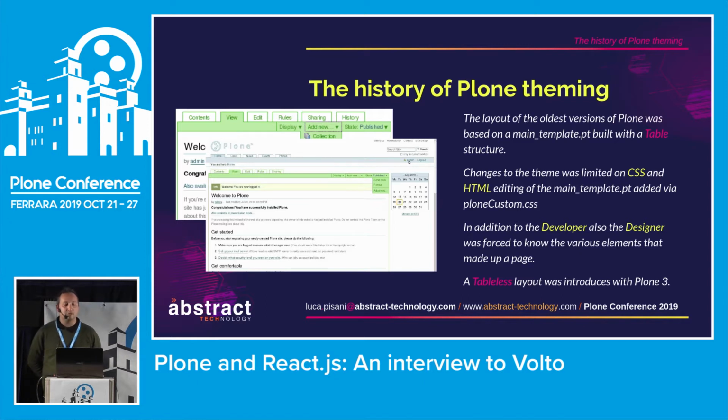This made many changes on the theme difficult, because the structure of Plone is in a table: left column in a table, content in a table, and right column in a table.